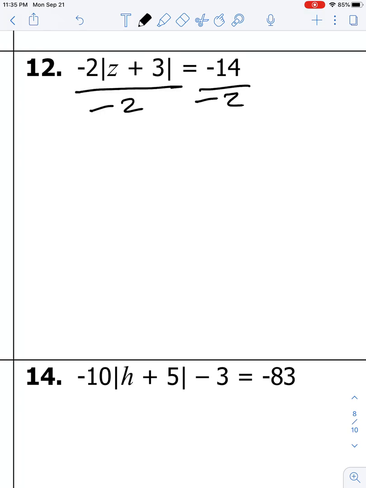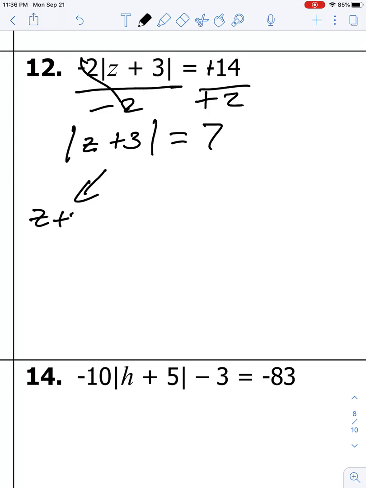All right, so that's now gone. And we get the absolute value of z plus 3 equals negative 14 divided by negative 2. Negative over negative is a positive. That would be 7.